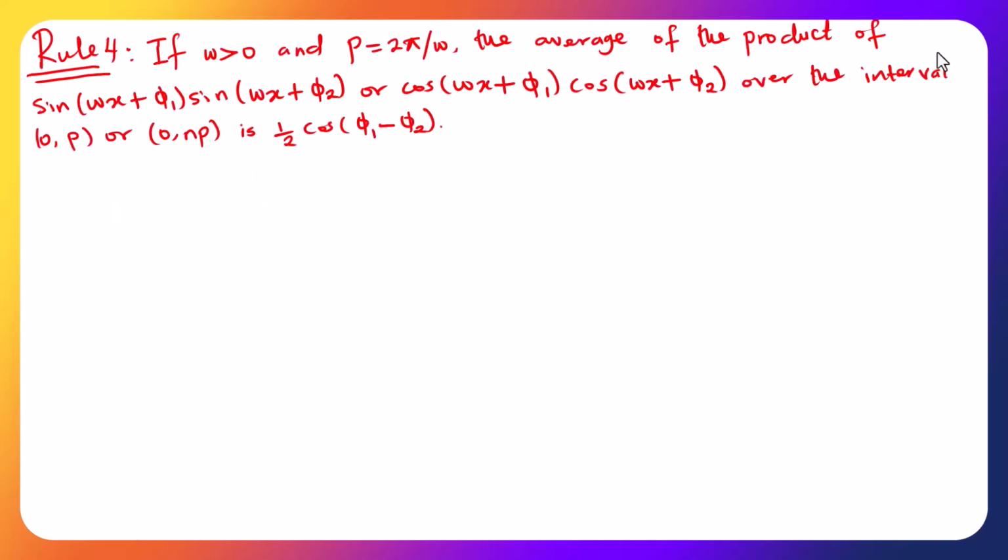Now let's take a look at rule number 4. If omega is greater than 0 and p equals 2 pi over omega, then over the interval 0 comma p or 0 comma np, the average of the product sine of omega x plus phi 1 sine of omega x plus phi 2, or the cosine cos of omega x plus phi 1 cos of omega x plus phi 2, is 1 over 2 cos of phi 1 minus phi 2.